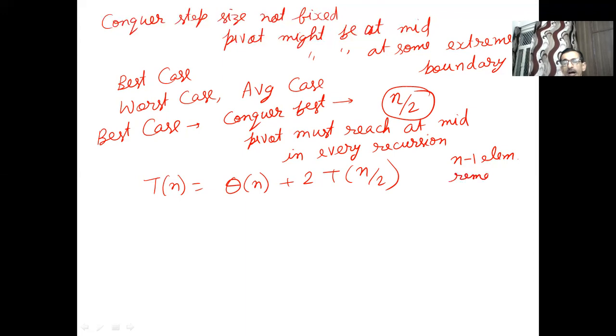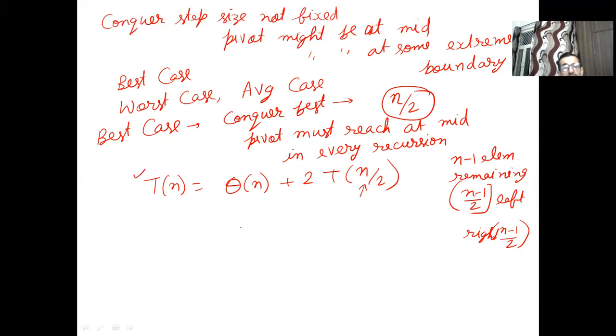So ideally it will be (n-1)/2 in the left sublist and approximately (n-1)/2 in the right sublist, because n could be odd or even. Doesn't matter with the minus 1, both sublists will be roughly half. This will become the best case.